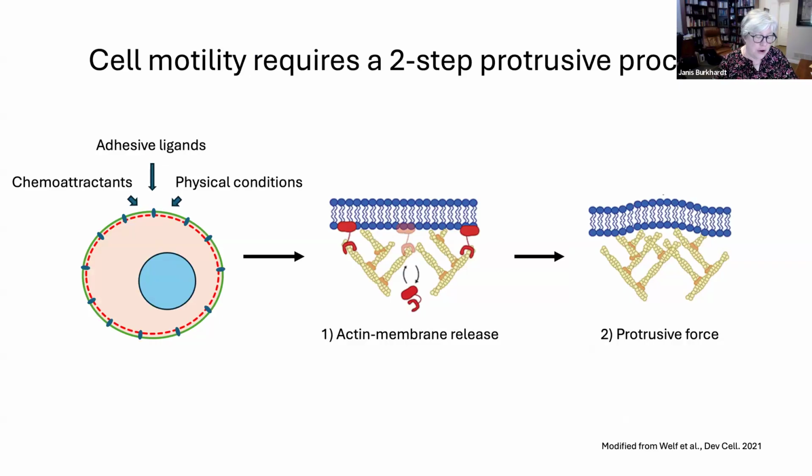Work from several labs has recently shown that to generate a protrusion, you need two things. You need the one we always think about, which is protrusive force, but you also always need to be able to release cortical actin tethers from the plasma membrane. And these two events need to happen together so that you are able to actually generate a protrusion. So we can think then about how these different extracellular cues control these two cell biological events to allow the cell to undergo shape changes and migrate.